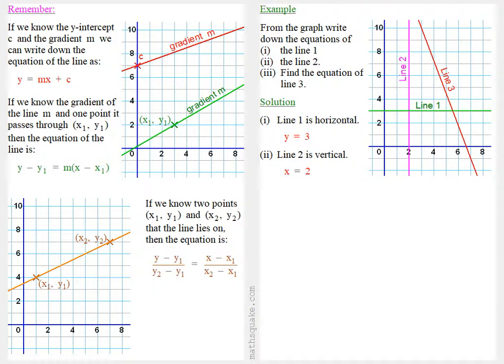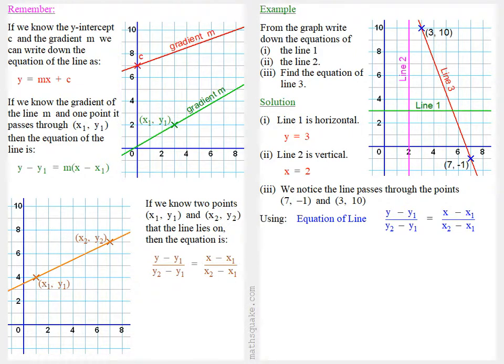Now in part 3, we have to find the equation of line 3. Now we notice the line passes through the points (7, minus 1) and (3, 10). So we can use the equation of the line (y minus y1) over (y2 minus y1) equals (x minus x1) over (x2 minus x1).